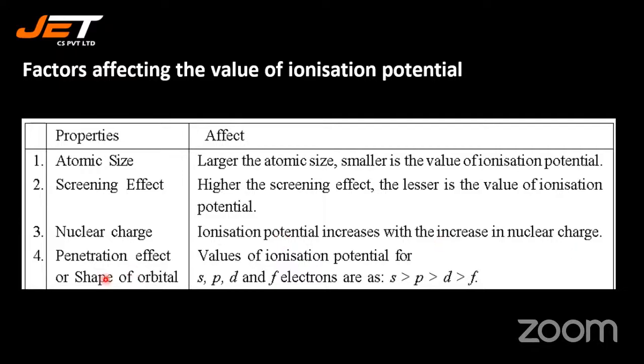Penetration effect or shape of the orbital: the value of ionization potential differs for s, p, d, f electrons. For s, it is the innermost shell, so to remove an electron from s, maximum energy has to be produced. So s is greater than p, greater than d, and f is the outermost shell, so minimum energy is used to remove an electron.